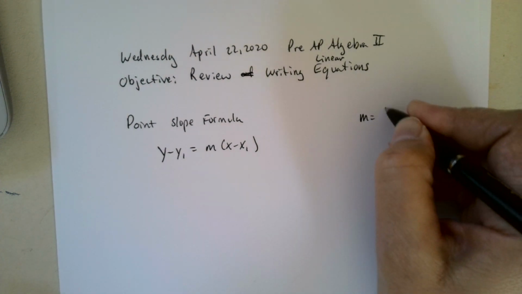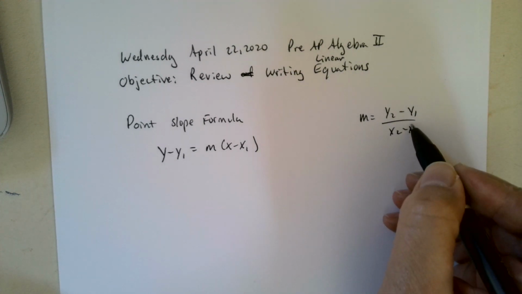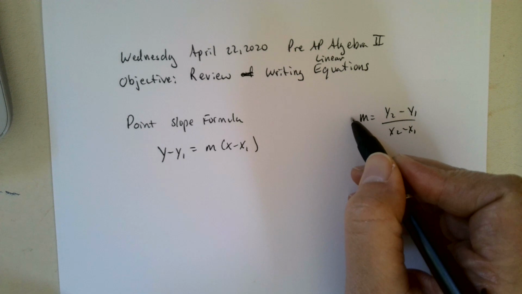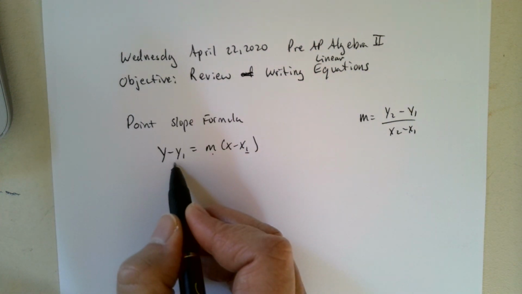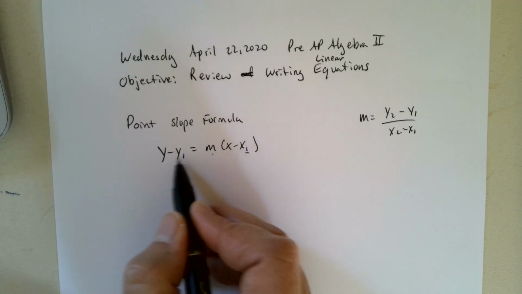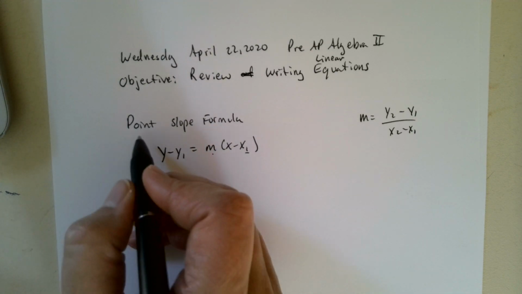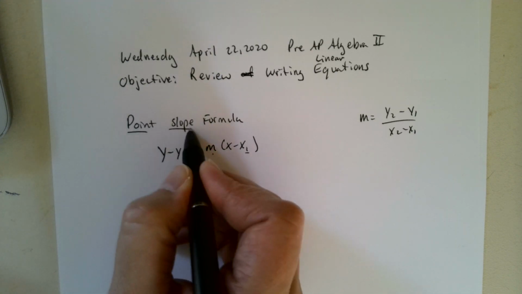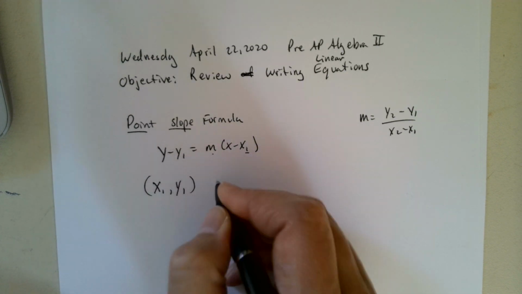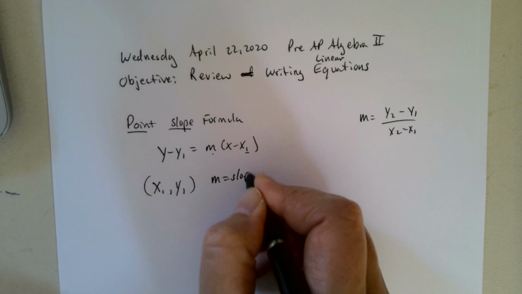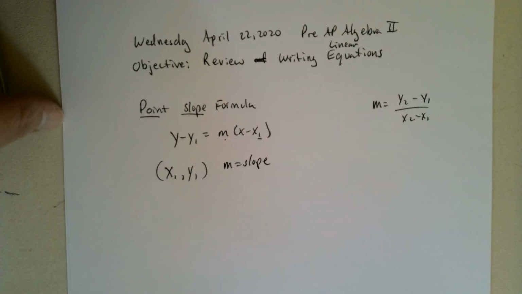They took the formula y2 minus y1 over x2 minus x1, and they multiplied the denominator over to the other side, so they have the x's multiplied by the m and the y's left on the side by themselves, and then they changed a little bit of the subscript. Again, we're not very creative in algebra. The reason this is called point-slope formula is because you have a point, x sub 1, y sub 1, and you have the slope of your line. If you have those two things, you can write the equation of that line.